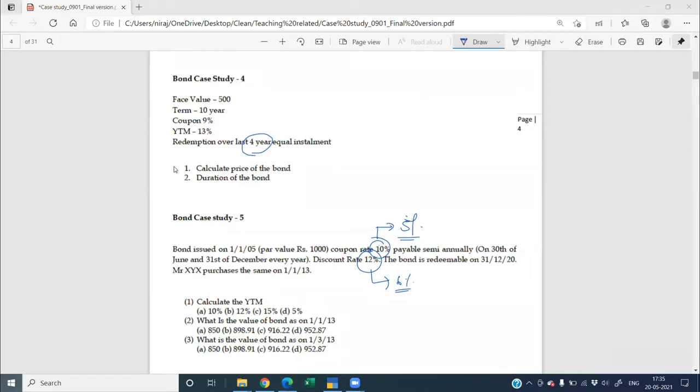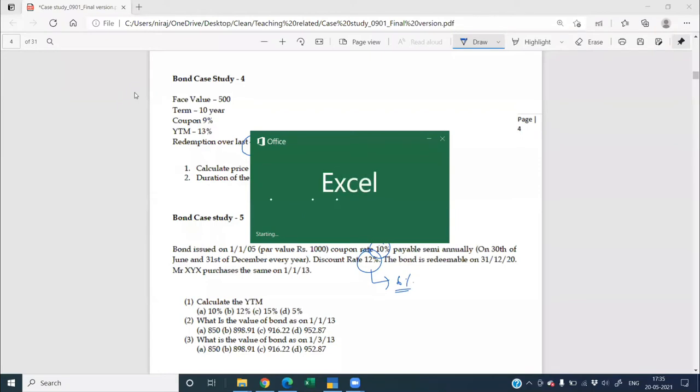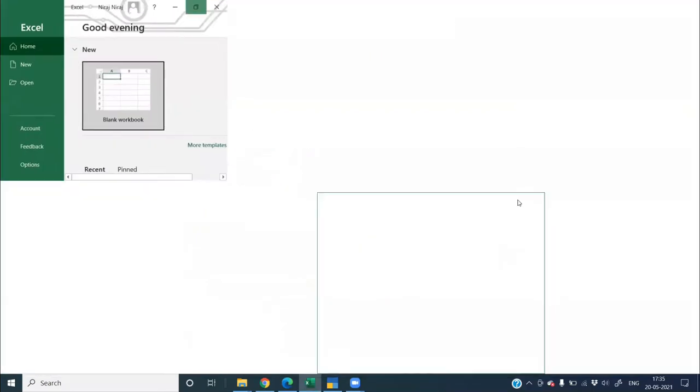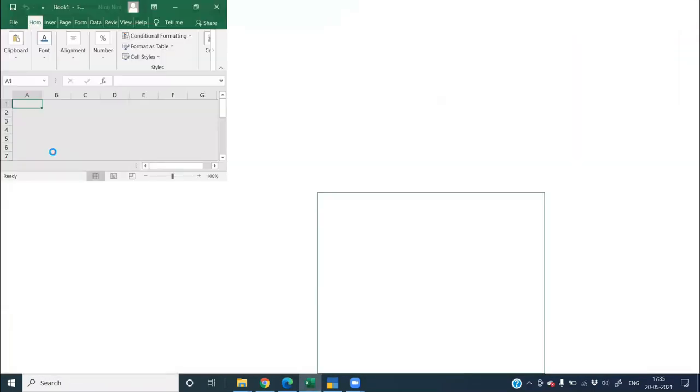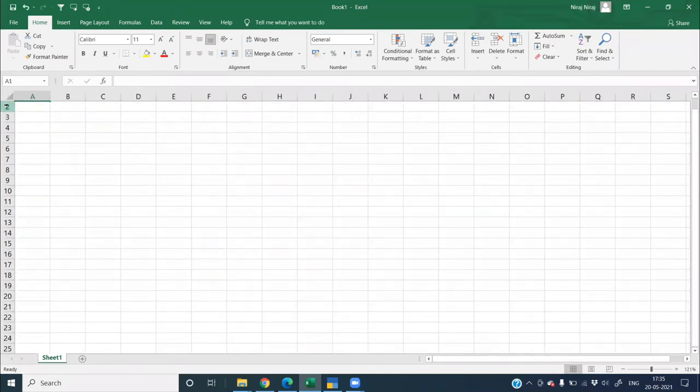Let me open an Excel sheet. So first I will note down what my details are. The face value of the share that has been given to me is 500 rupees.